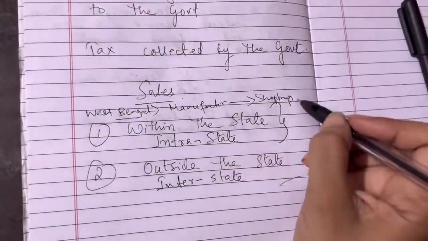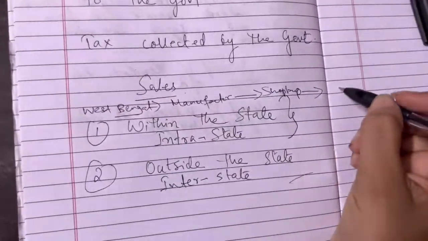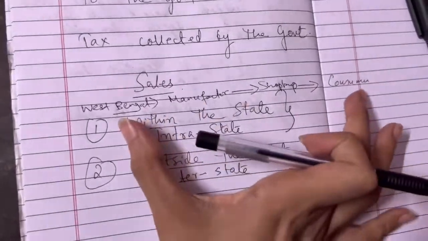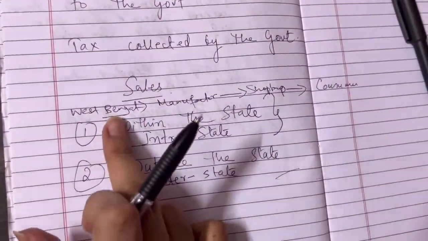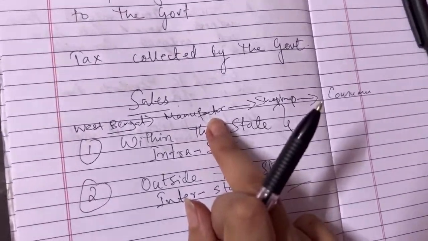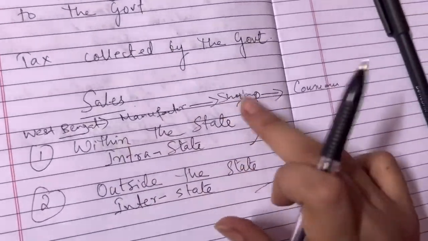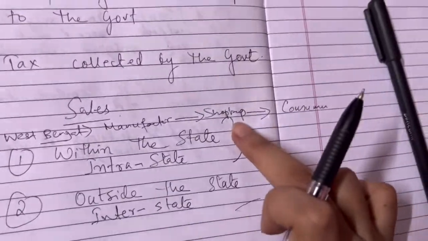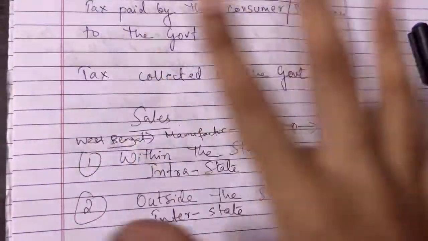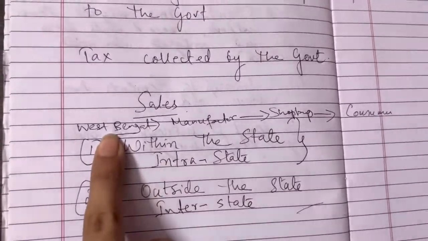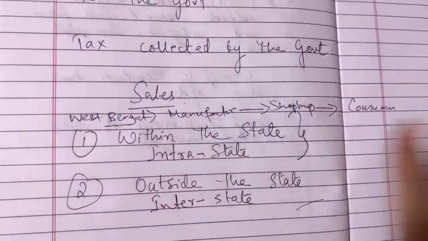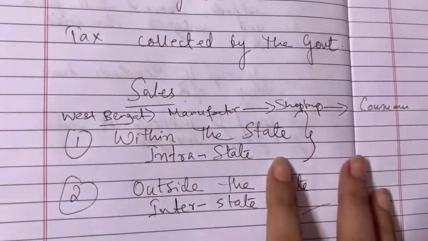And this shopkeeper sells the same thing to the consumer. All of them are from West Bengal. So the shopkeeper purchases from the manufacturer in West Bengal, and the consumer purchases the same goods from the shopkeeper in West Bengal. So this whole transaction is carried out within West Bengal.